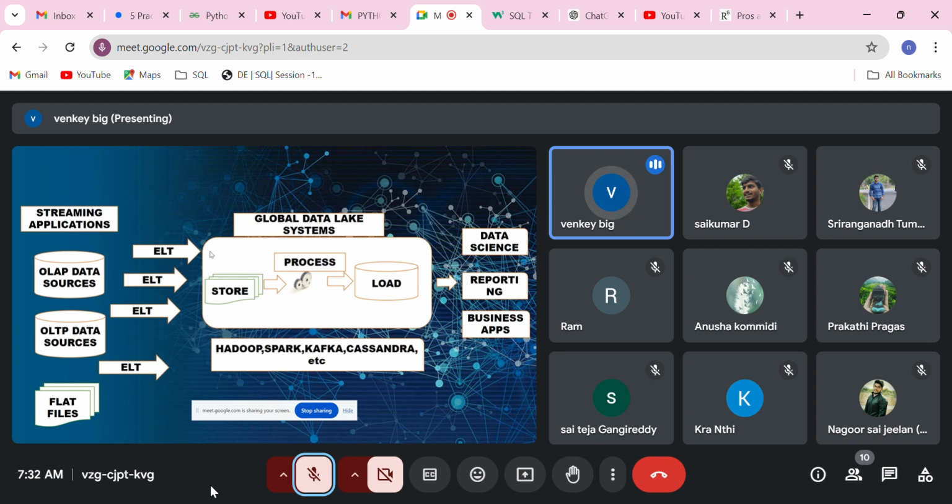If you store 1 terabyte of data in an Oracle table and try to execute a query on top of it, your data warehouse will be dead.